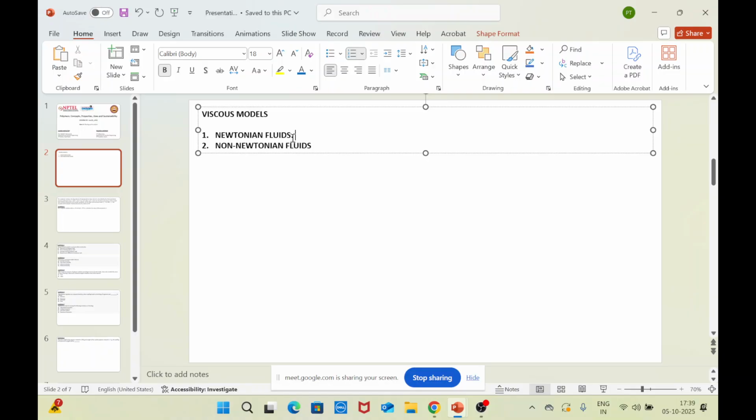Anyone? So, in case of the Newtonian fluid, they obey Newton's law of viscosity, where your shear stress is going to be directly proportional to shear strain rate.